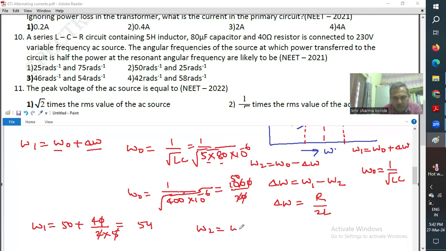Omega 2 is omega naught minus delta W. Omega naught is once again 50, minus 4 because this is only subtraction, so it is going to be 46. So this is the minimum value and this is the maximum value, where the resonant angular frequency occurs in between. So the third option is correct.